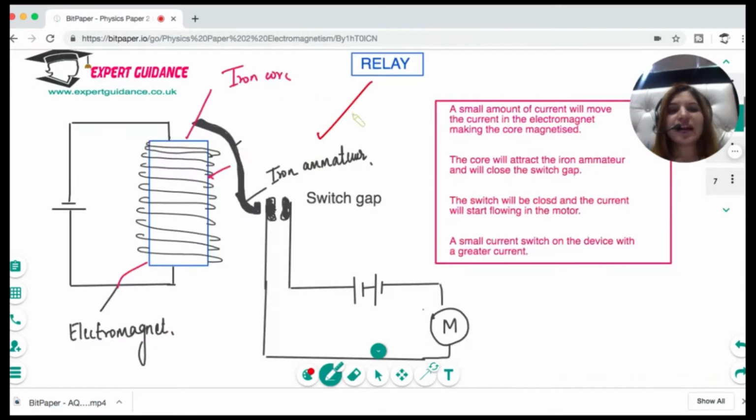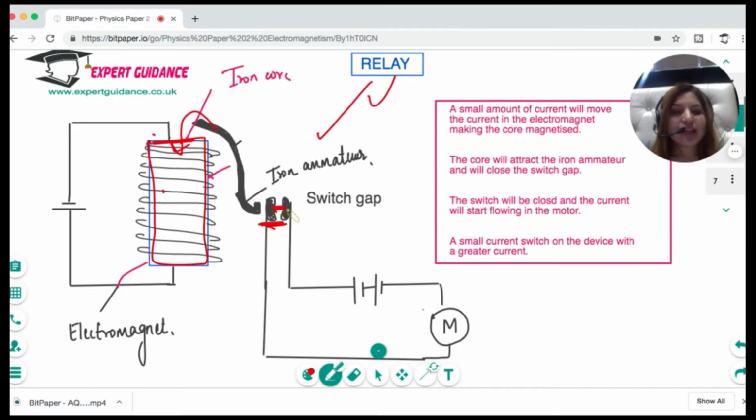Now let's see how a relay works. A relay is a device where a small amount of current flows in the electromagnet and makes the core magnetized. As the core gets magnetized, the iron armature is attracted towards this electromagnet and the switch gap is closed.